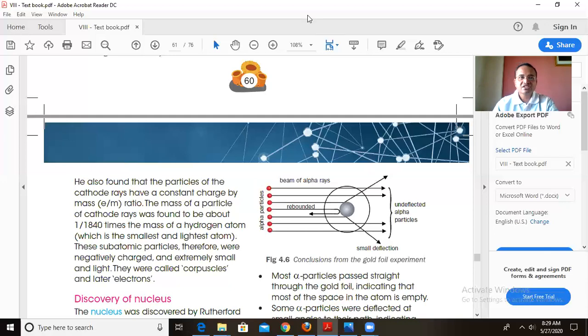So this discharge tube experiment helped Sir J.J. Thomson to discover the electrons.